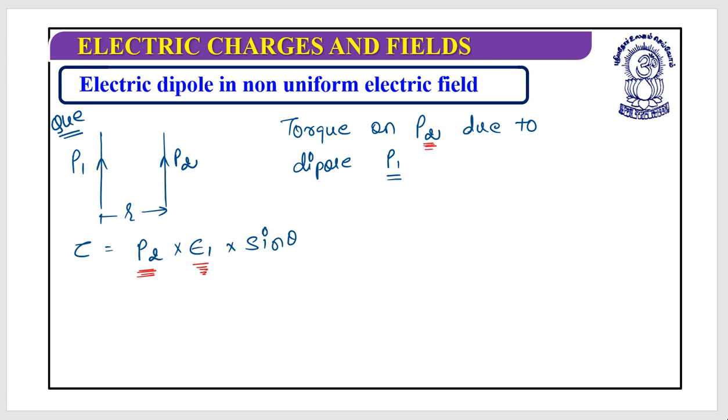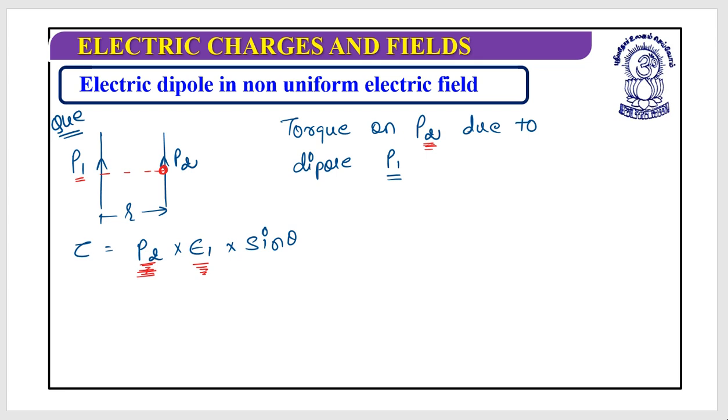So when I need to find the torque on P2, I need to write the dipole moment of myself, it's P2. But on me, force would be applied by some other source. So it's the electric field by P1. Now, for P1, remember these things, please. For P1, this point is at equatorial position.